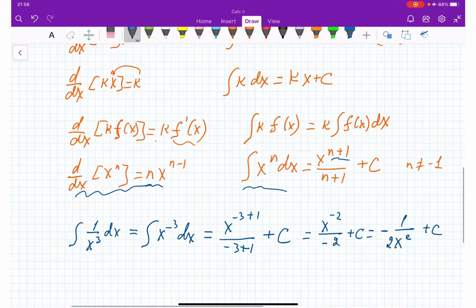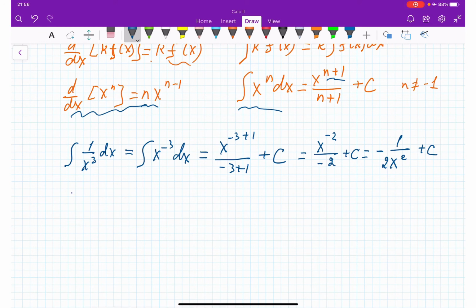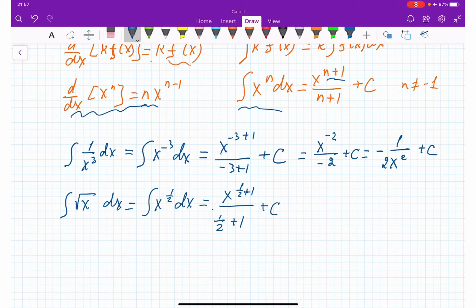Okay, another one: square root of x. The integral of square root x dx is equal to the integral of x to the power half dx. That is going to be x to the power 1/2 plus 1, divided by 1/2 plus 1, plus a constant.